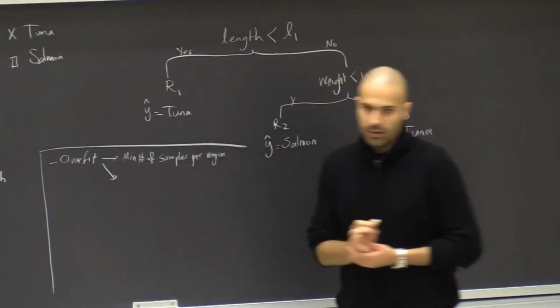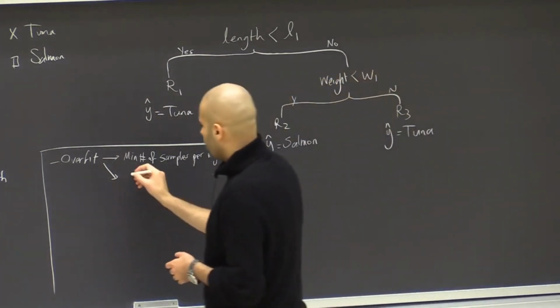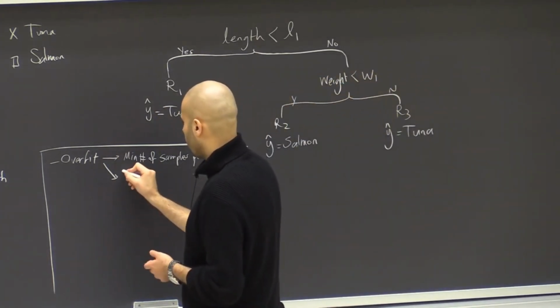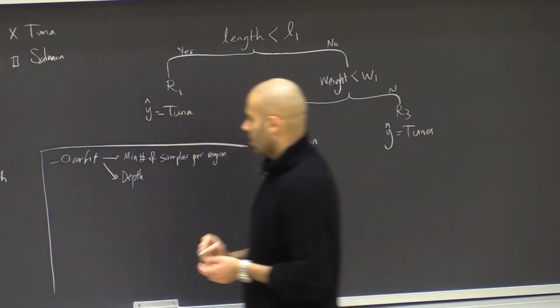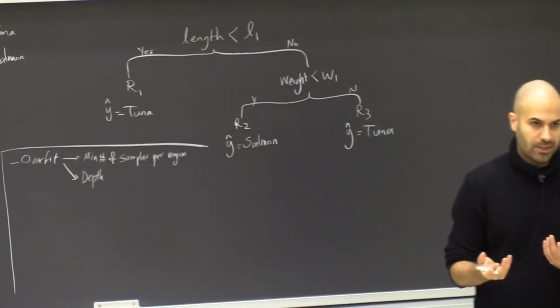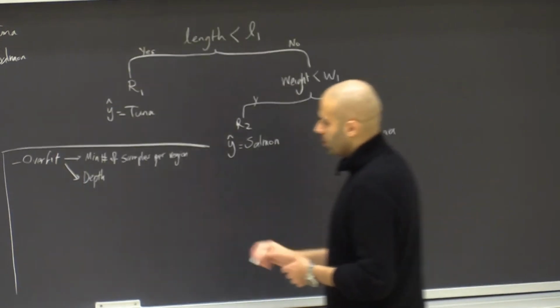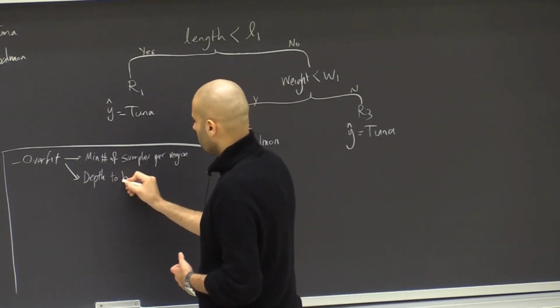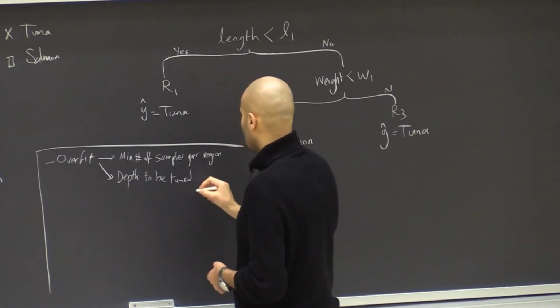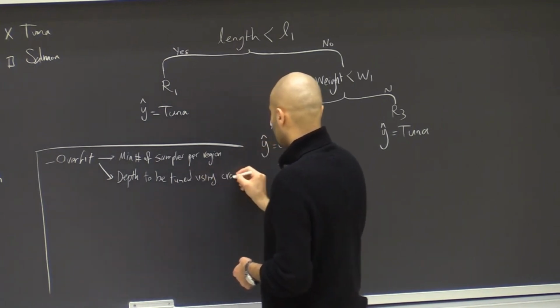Another parameter that we can control is the depth of the tree. The depth of the tree is essentially a hyperparameter for a decision tree, and we can tune it using cross-validation.